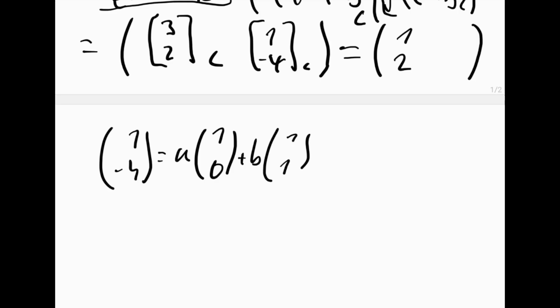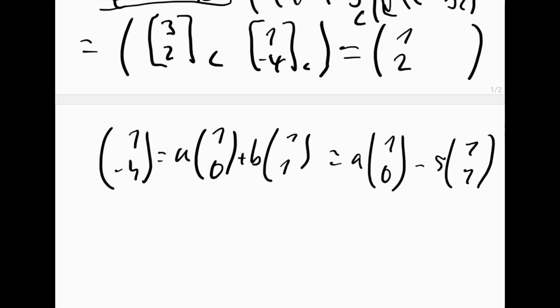This would work out if B is minus 5, because we would have a minus 4 in the second component. So we have A times 1, 0 minus 5 times 1, 1, and then we compensate with A, because that only takes care of the first component. So the second one should be minus 5. That will work out, because then we can adjust the first component. I just try to avoid doing the whole equation; it might be faster this way.